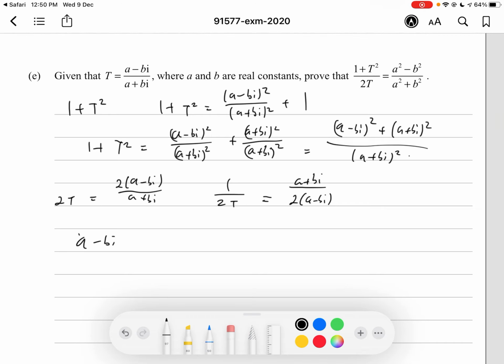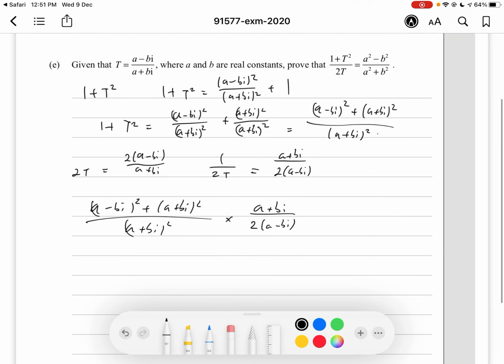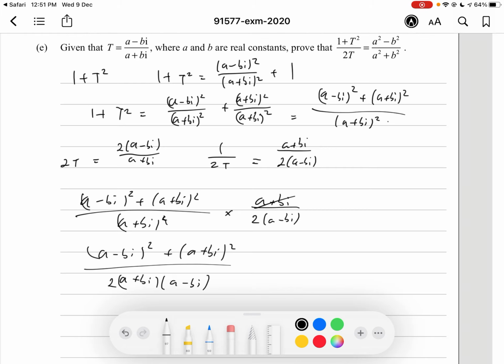We have [(a − bi)² + (a + bi)²]/(a + bi)² multiplied by (a + bi)/(2(a − bi)). In this case, we can cancel (a + bi) with the squared one there. Now we have [(a − bi)² + (a + bi)²] all over (a + bi) times 2 times (a − bi).